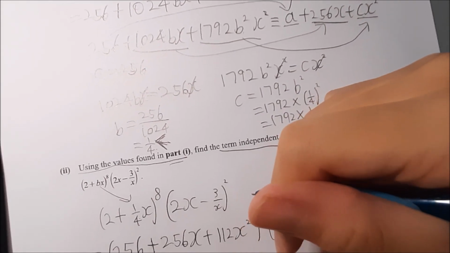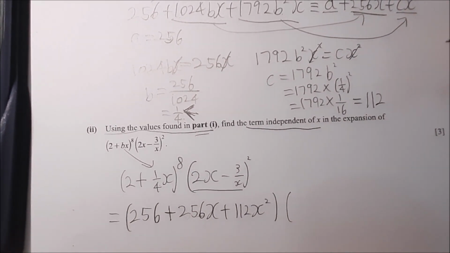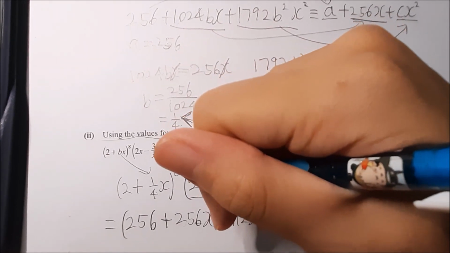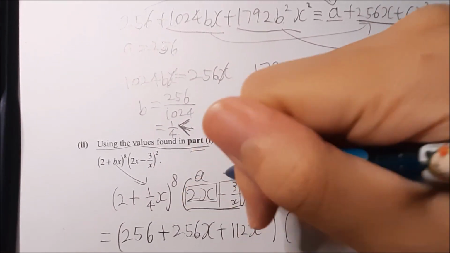And you just expand this equation, and you can do this by using the formula. Let's say this is a and this is b.